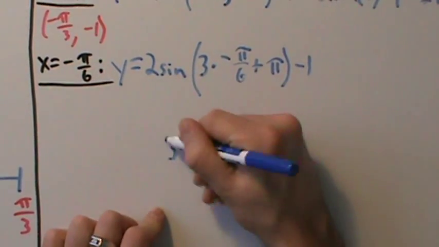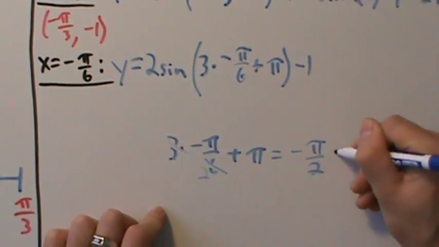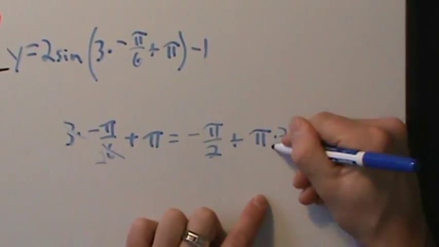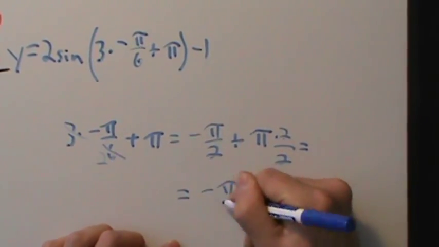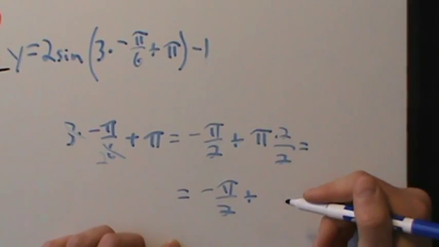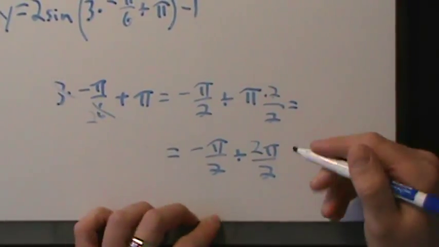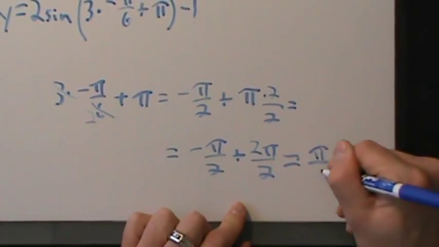Well, 3 goes into 6 twice, so that's really negative pi over 2 plus pi. If we want a common denominator, multiply pi by 2 over 2. So this is negative pi over 2 plus 2 pi over 2, which is just pi over 2.